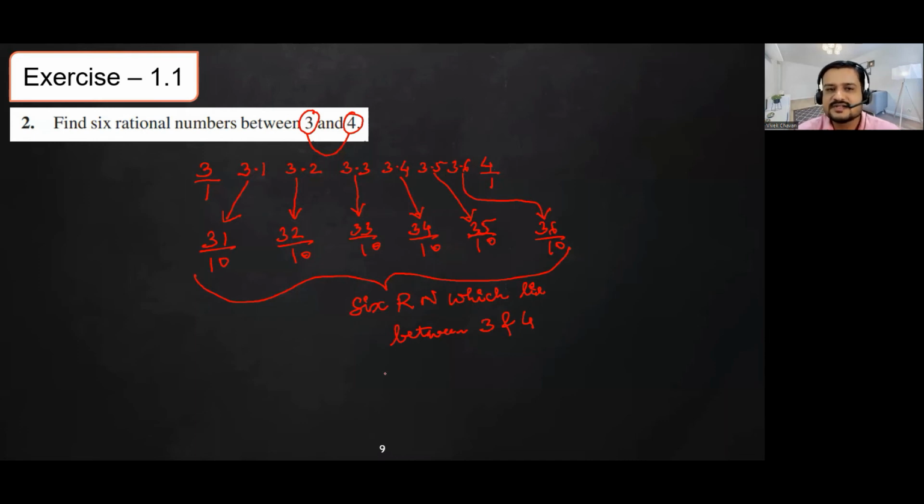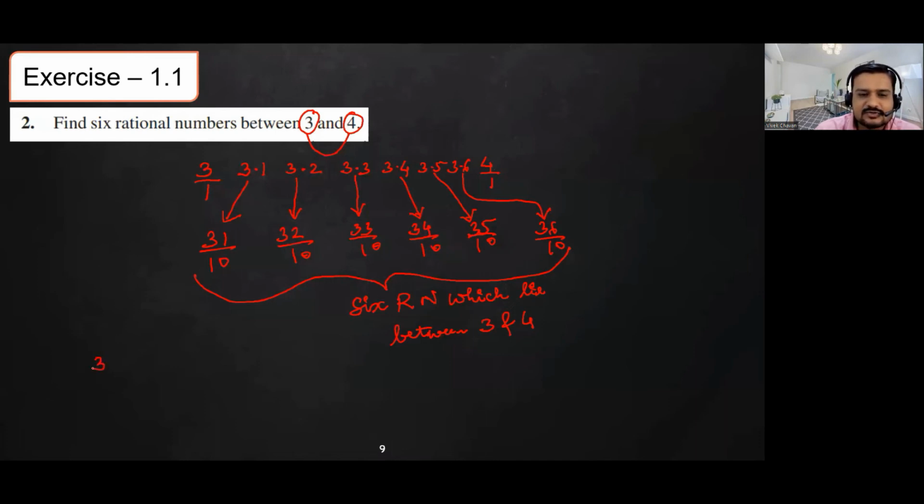Sarthak, that is not the reason. See, because there are infinite decimals between two rational numbers. Yes, correct. Because there are infinite decimal values between these two values.